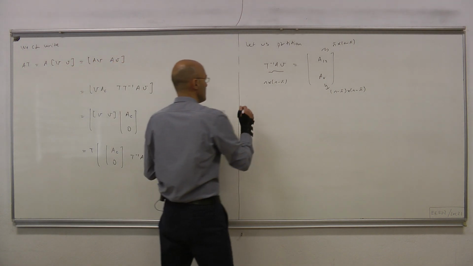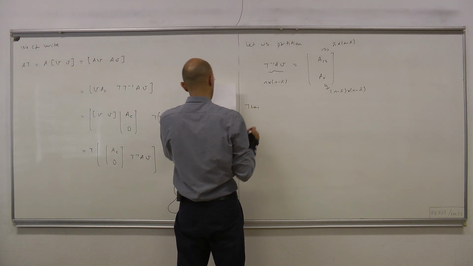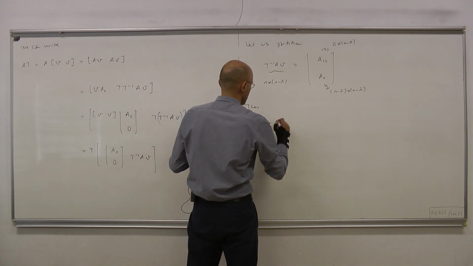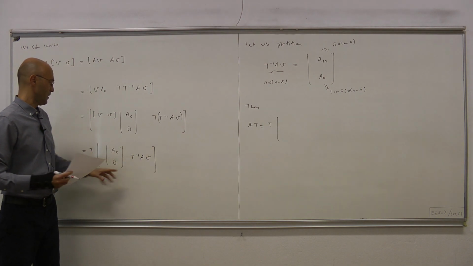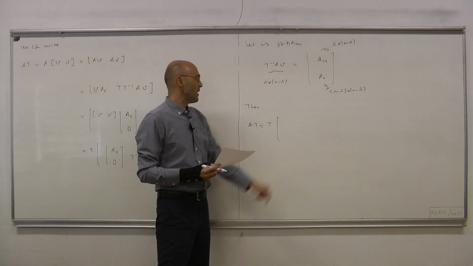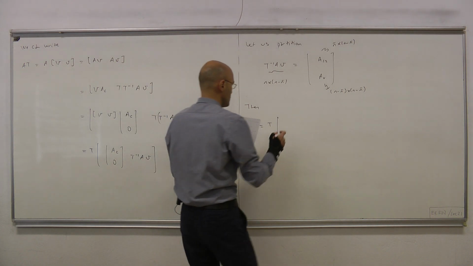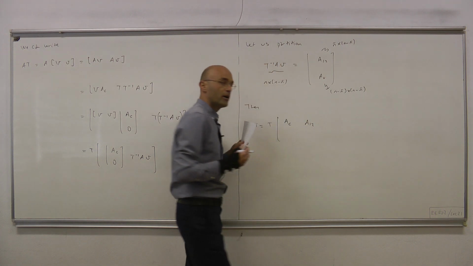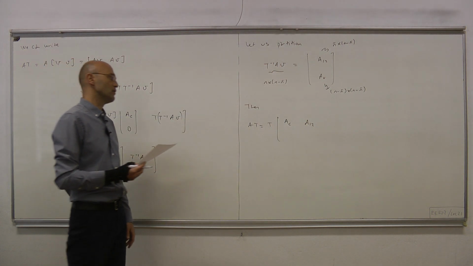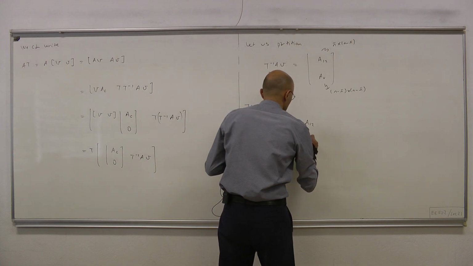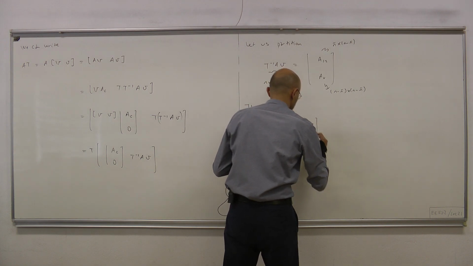Then we have AT equals T times this, and now we write T inverse AU in this form, and we reach the form that we want, an upper block triangular form for A tilde: AC, A12, 0, AU.